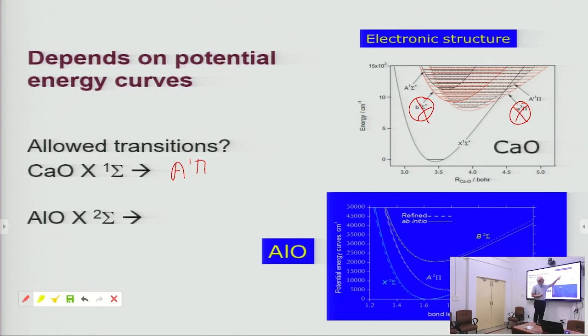So that was the A prime singlet pi. Going to the A singlet sigma plus state, allowed or not allowed? Allowed, yep. Also allowed, so these two are allowed.